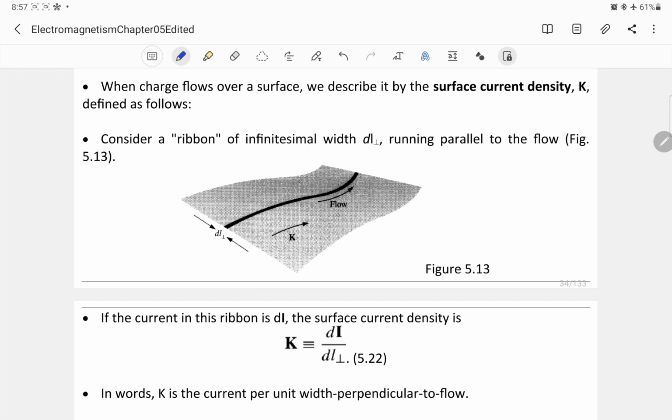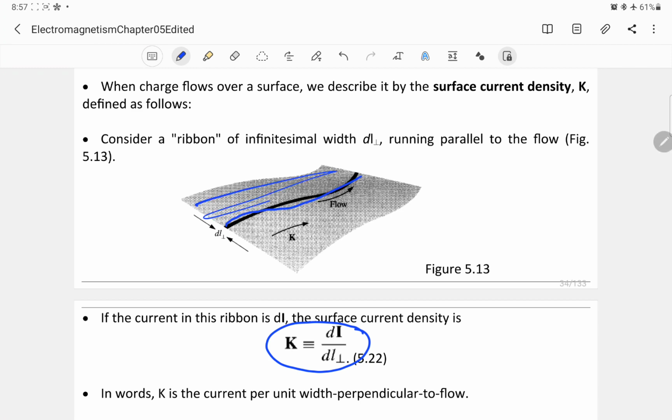When charge flows over a surface, we describe it by the surface current density K, defined by this one here. If you get a strip on that surface, you will have something like a wire. Consider a ribbon of infinitesimal width dl perpendicular, running parallel to the flow; it is just like a wire.